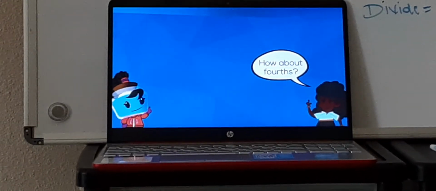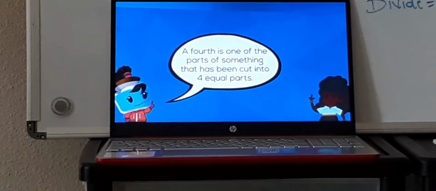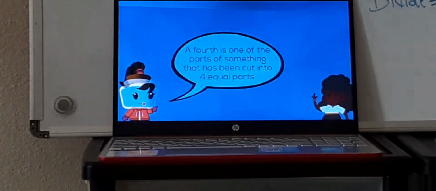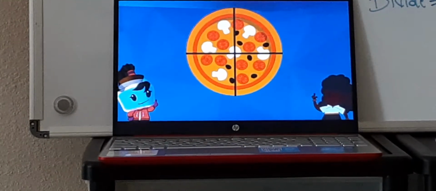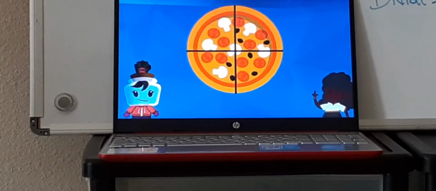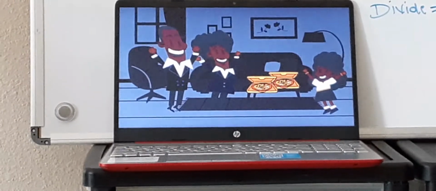Let's help her out again. A fourth is one of the parts of something that has been cut into 4 equal parts. Look at that! Sarah has cut the second pizza into 4 equal parts. Great job, Sarah! Now Sarah and her family can all eat the pizza.